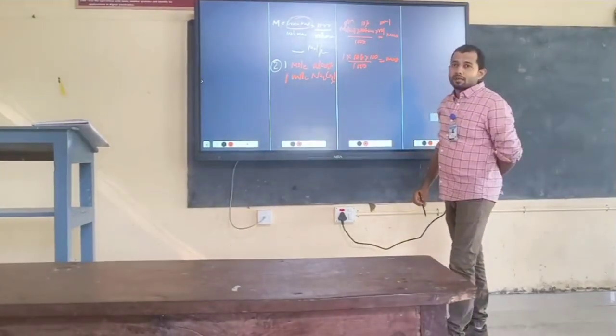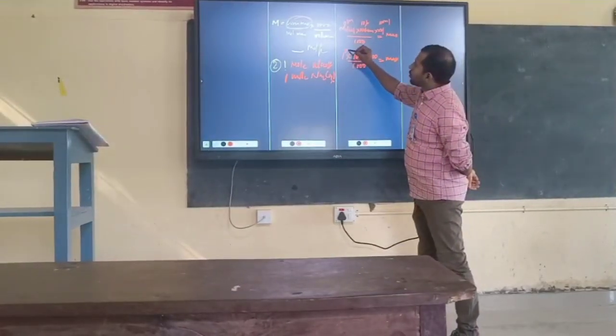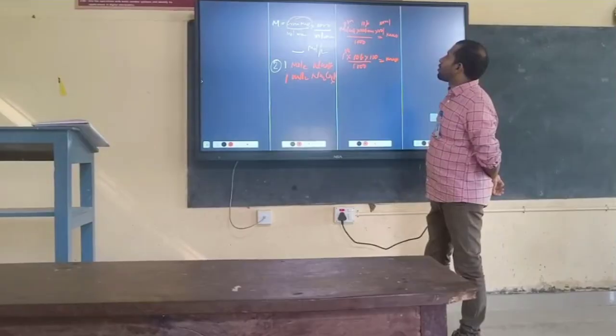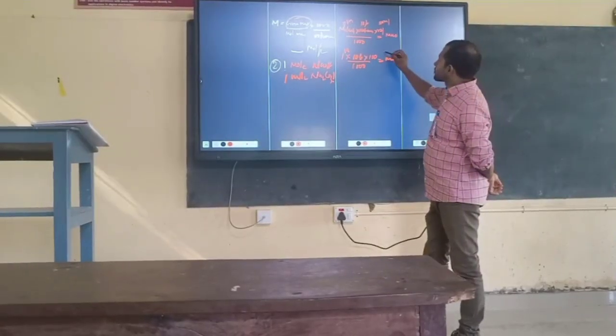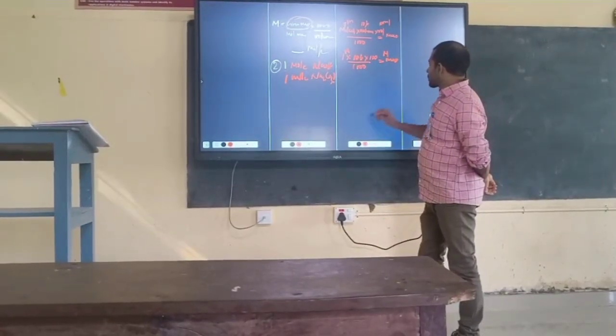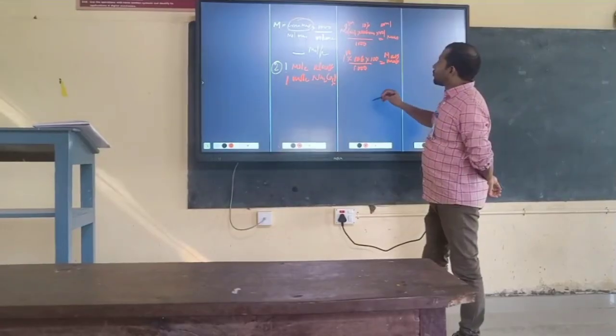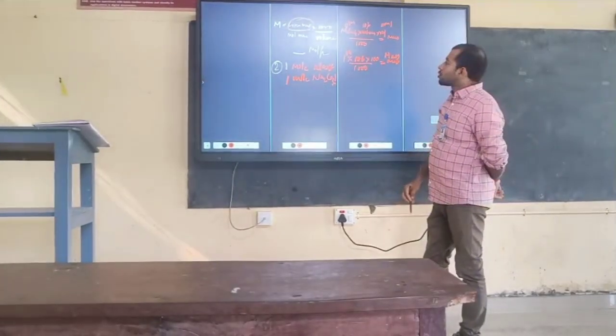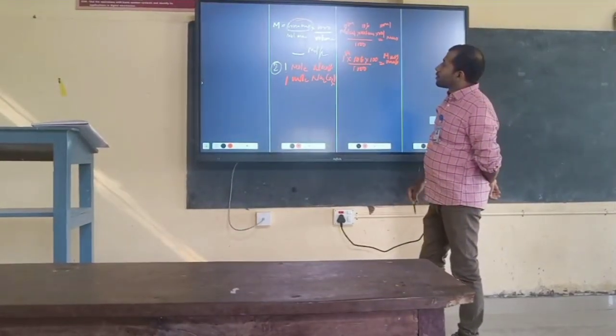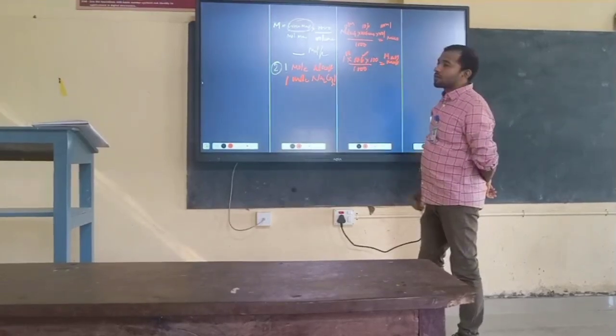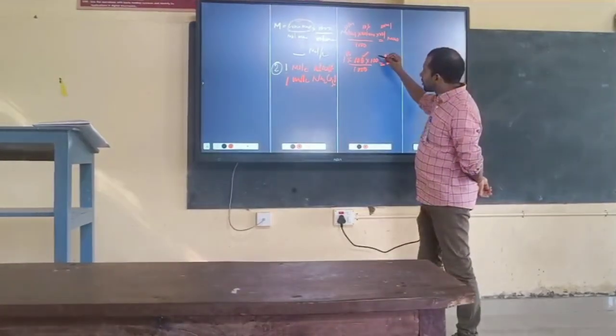This gives a particular mass. To prepare 1 molar Na2CO3 solution, we know its molecular mass is 106, and we are going to prepare 100 ml.